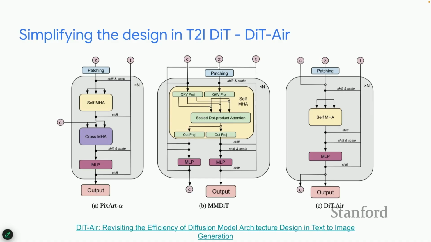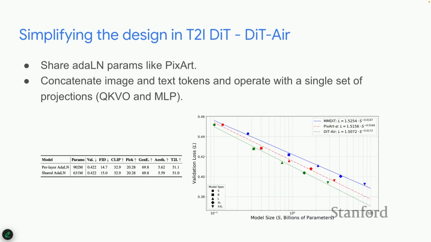The extreme right-hand side is the simplified design that I was talking about. You are basically operating on a concatenated space. You are reducing the adaptive layer norm parameters quite a bit, and then you are parameter sharing the QKV projections as well as the MLP layers. And it turns out to be working fairly well, I must say, in practice.